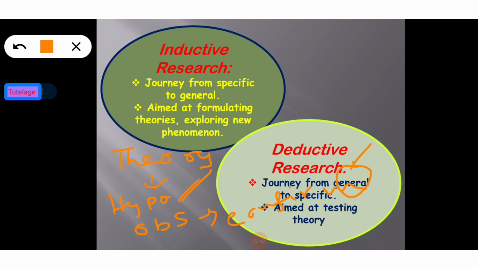So basically in the deductive research, the researcher studies what others have done, reads existing theories of whatever he or she is studying, and then tests hypotheses that emerge from those theories. So that's why deductive research is similar to the quantitative research.